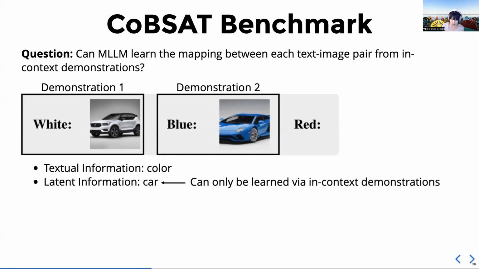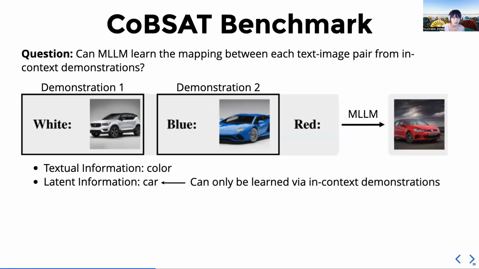Since our goal is to know whether MLLMs can learn the relationship between text and image from the in-context demonstrations, we intentionally hide the latent information in the demonstrations only. The expected output should be an image of a red car.